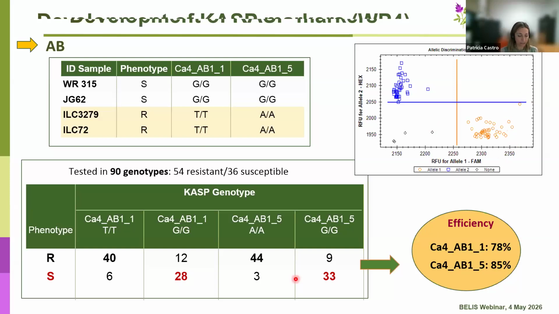And when comparing the phenotype data with the data from the KASP marker, we saw that most individuals that were classified as resistant carry the resistant allele, and most individuals classified as susceptible carry the susceptible allele. Therefore, the efficiency of those markers was pretty high, 78% and 85%, which is very high also for a quantitative trait like Ascochyta blight.